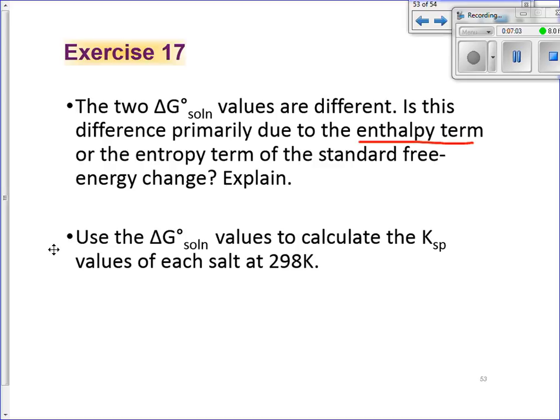So it can plug into the equation as well. So really, yes, that's what you're doing here. Delta G equals negative RT ln, and this is now KSP being applied here. So go ahead and calculate those.